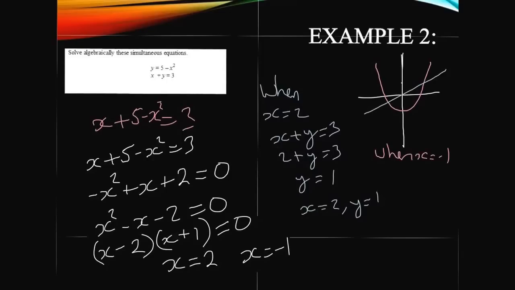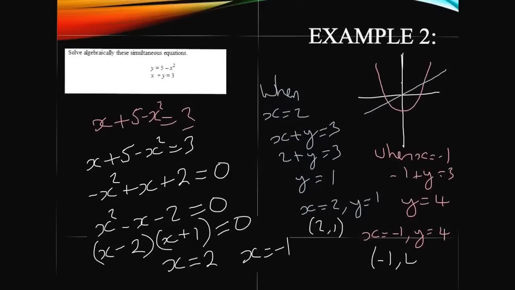Then I've got minus 1 plus y equals 3, so y equals 4. And again, I've now got x equals minus 1, y equals 4. And if you prefer, you could write those as coordinates. You could have 2, 1, and minus 1, 4. They're the 2 points where these two lines cross.